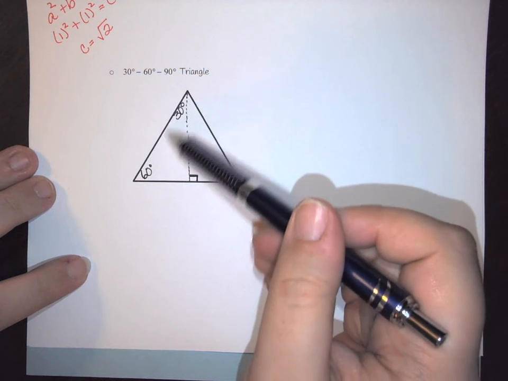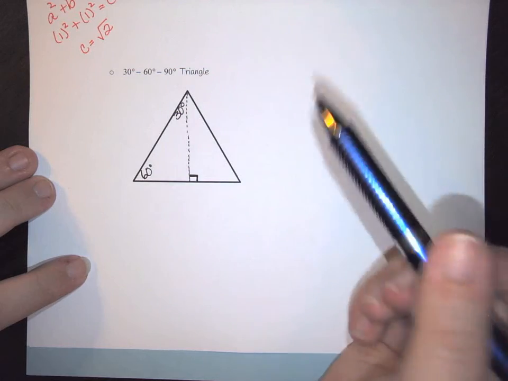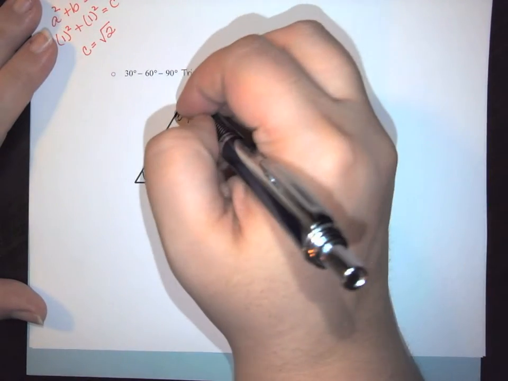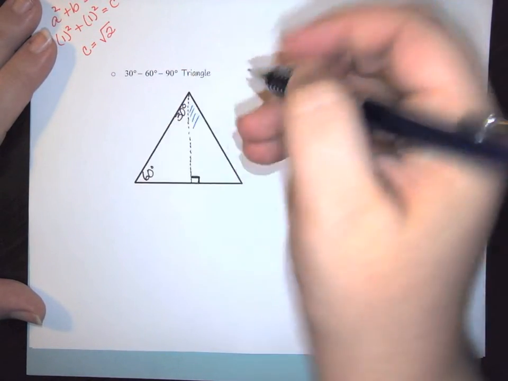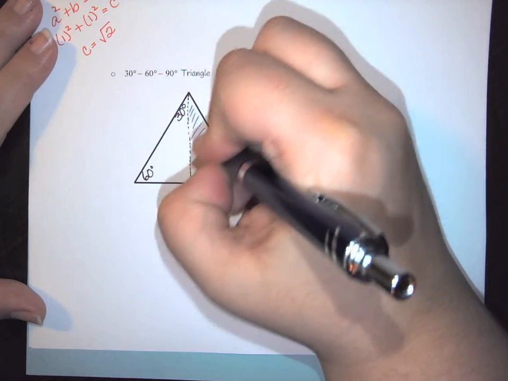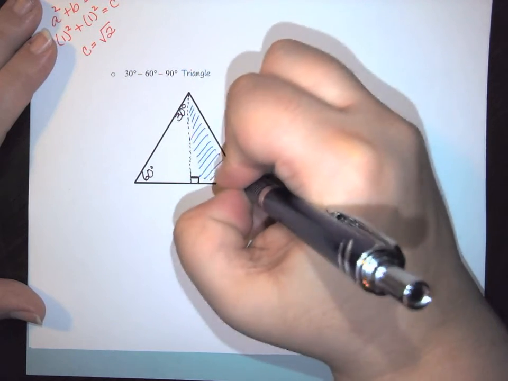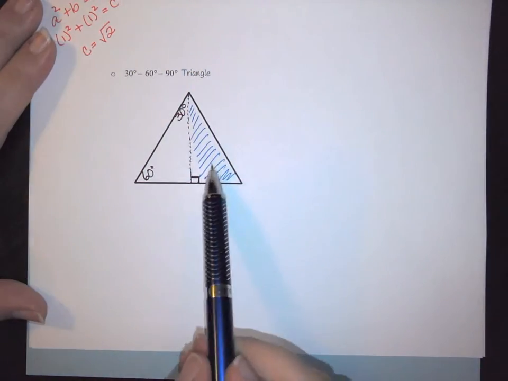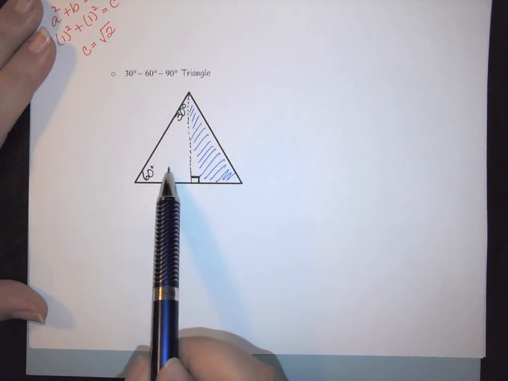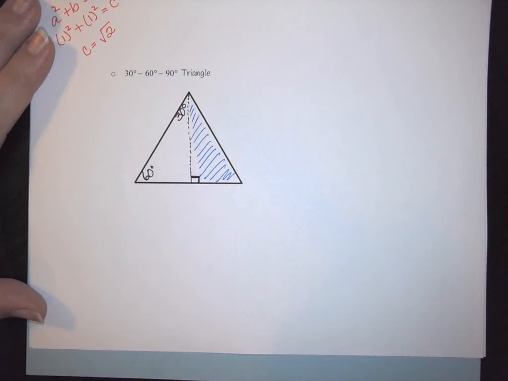Okay, so here I have my 30-60-90 triangle right in here. Since they're the same on both sides, that's what we have.